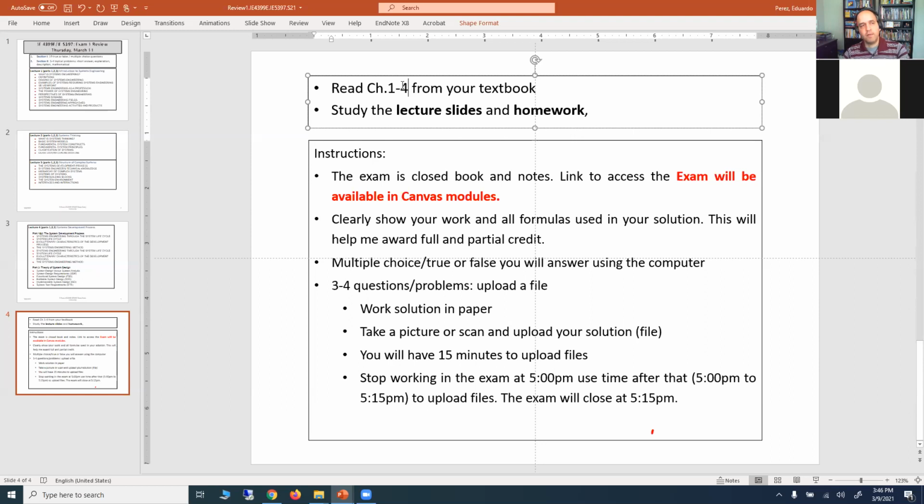This class is a little bit different from most of the courses that you take, at least at the industrial engineering level. Because here, for some of the questions that you will see in the exam, there's no specific right answer. For example, if I ask you to draw a causal loop model, it is almost impossible to get the same causal loop model for every student.